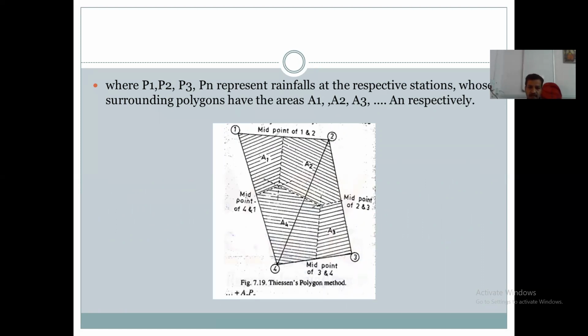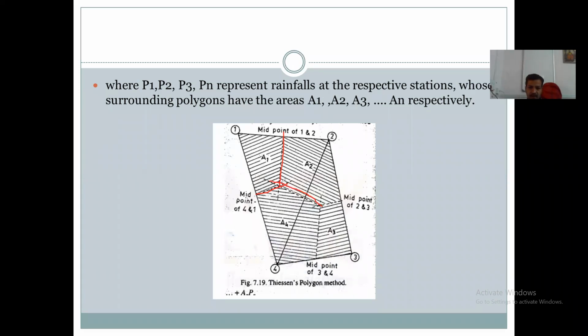The midpoint of 1 and 2 is here, and from there a bisector is drawn. Again from the midpoint of 1 and 4, a bisector is drawn. From the midpoint of 2 and 4, a bisector is drawn.